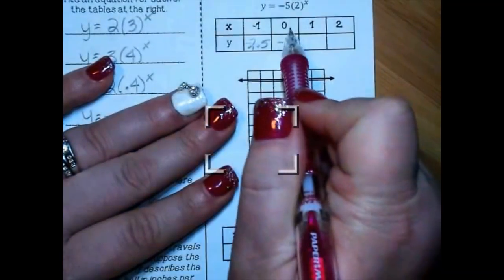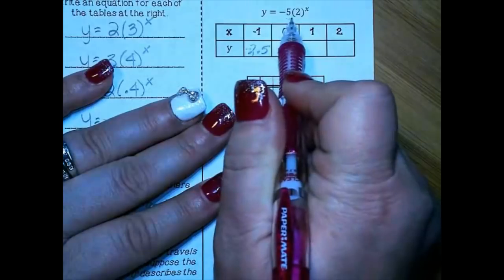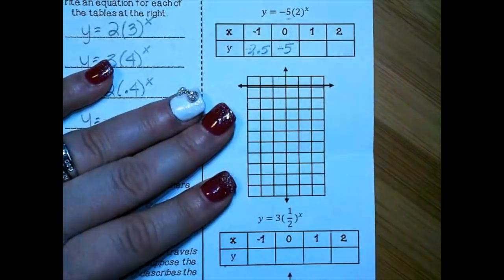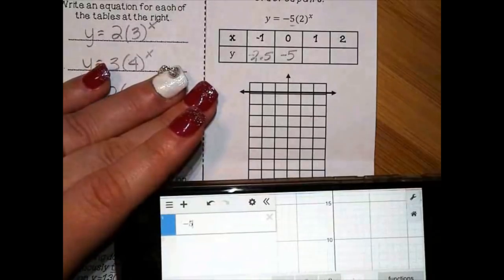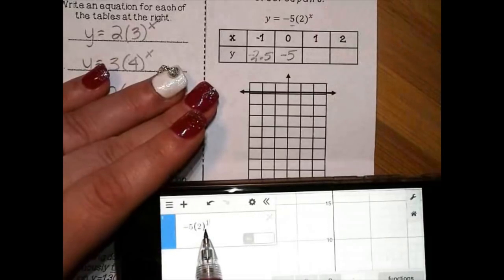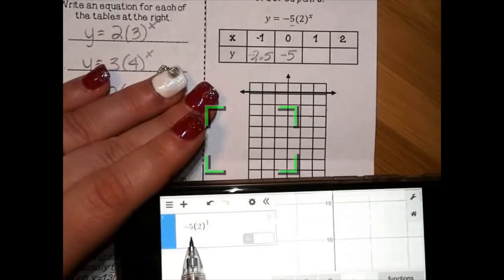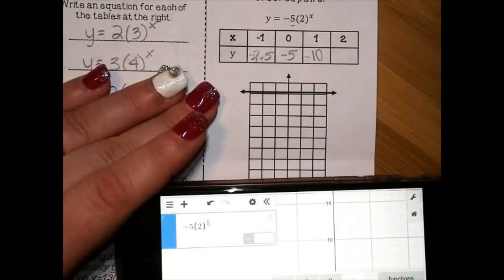A is always the y-intercept when x is equal to 0. If you look at the function here, a was -5, so I 100% would have expected that to be the case. All right, -5 times the growth factor of 2 to the first power, and we get -10, and that's because 2 to the first power is just going to be 2, and -5 times 2 I would expect once again to be equal to -10.